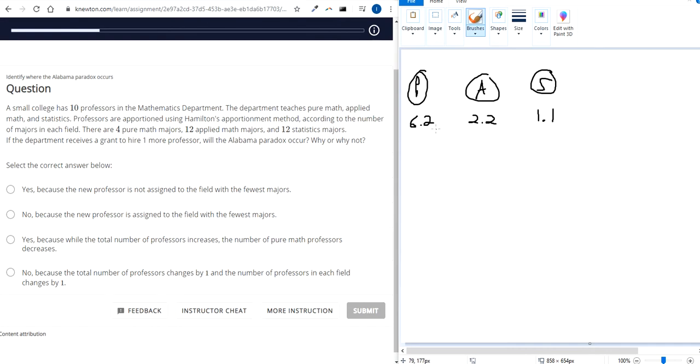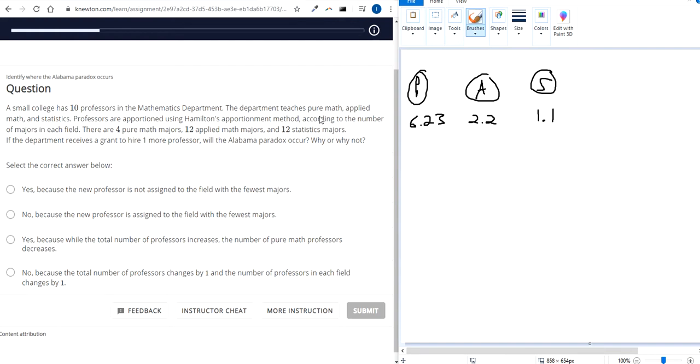Then you would look at the decimal values. This one is a little bit bigger than this one, so we give an extra to group P. So you look at the non-decimal values to decide. There's 6 representatives for group P, 2 for group A, 1 for group S. And then because this has the highest fraction left over, we give 1 extra vote to group P. Okay, so that's just a quick review of the Hamilton method, but there's a video for that on this YouTube page too.